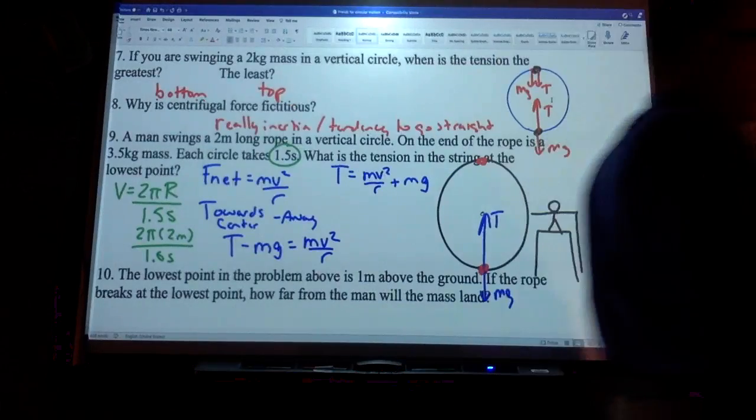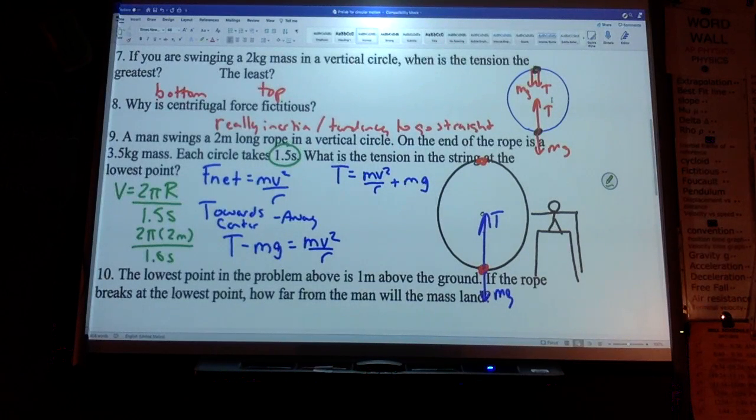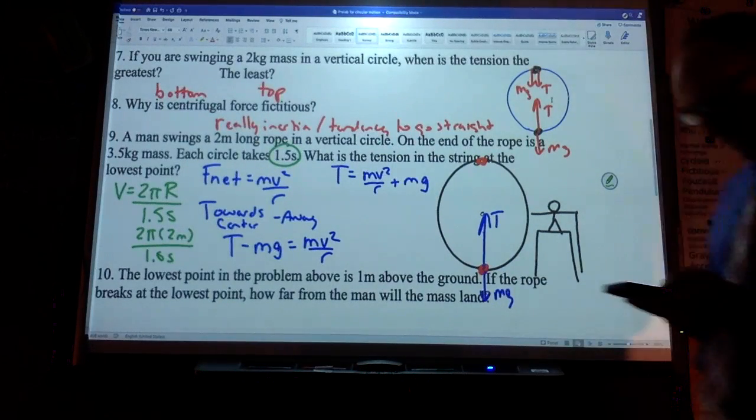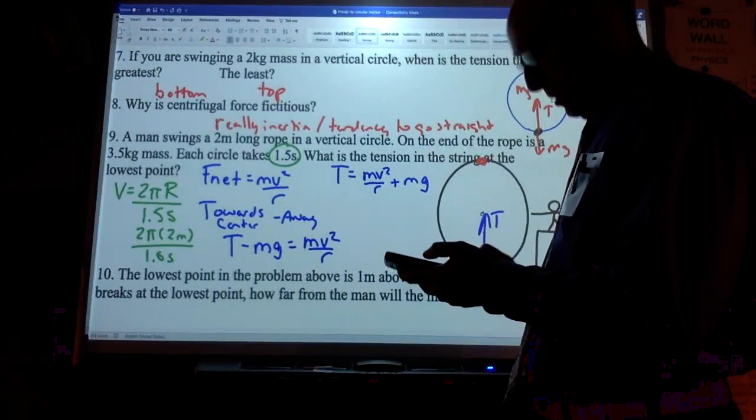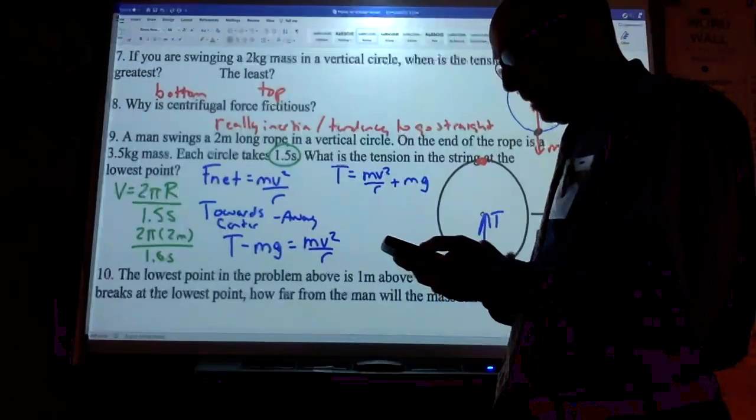And this is going to give us what our velocity is. So I have 2 times pi divided by 1.5. So 8.4.